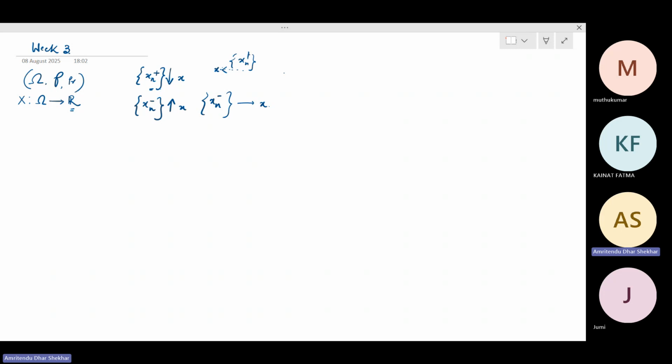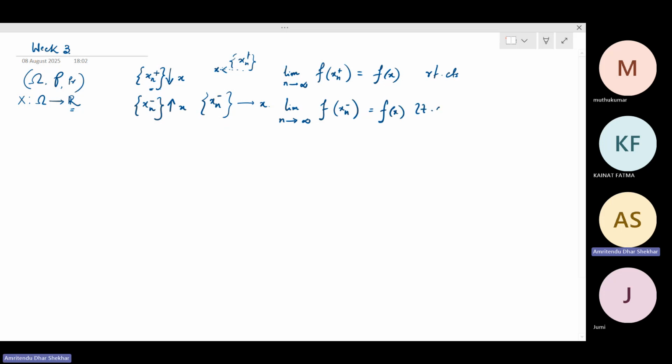That means that the limit as n tends to infinity of f of xn plus is equal to f of x. This is right continuous. And the limit as n tends to infinity of f of xn minus is equal to f of x.